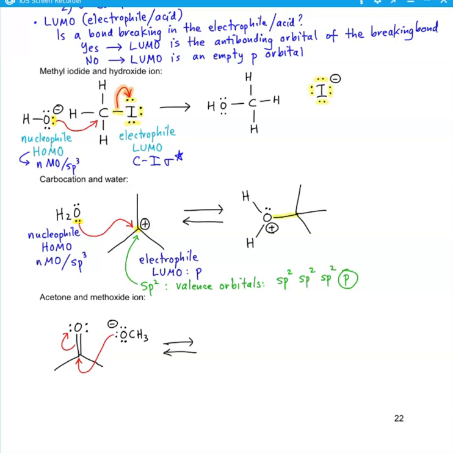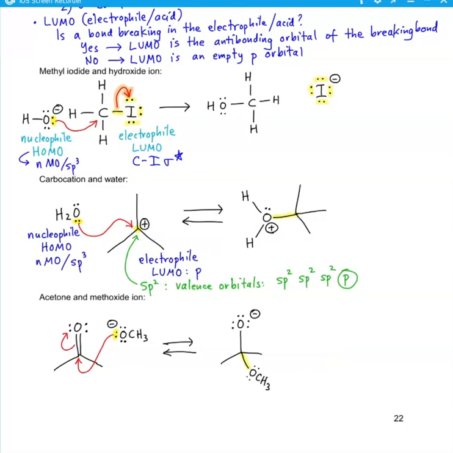The methoxide ion uses the pair of electrons that I just highlighted to form a bond to the carbonyl carbon in acetone, which causes the pi bond between the carbon and the oxygen in acetone to break toward the oxygen. So now the carbonyl oxygen, or what was the carbonyl oxygen, has three lone pairs, so it accrues a negative charge, and we have a new bond between oxygen and carbon.